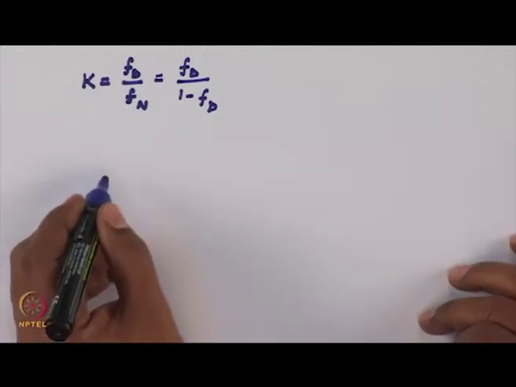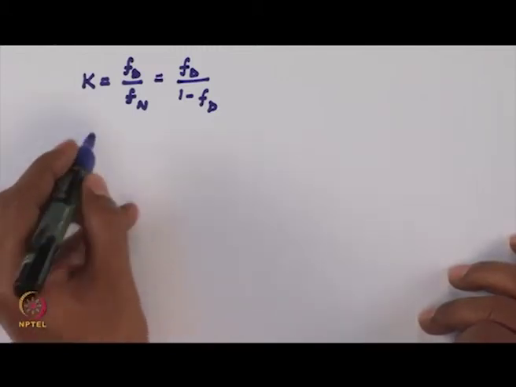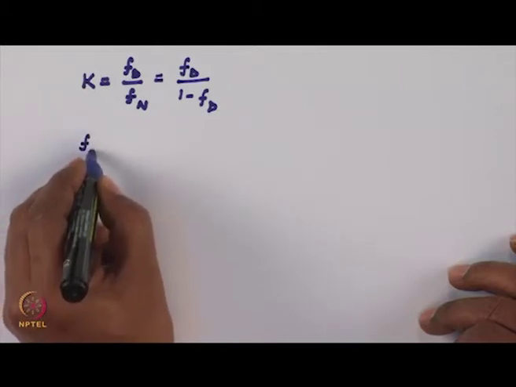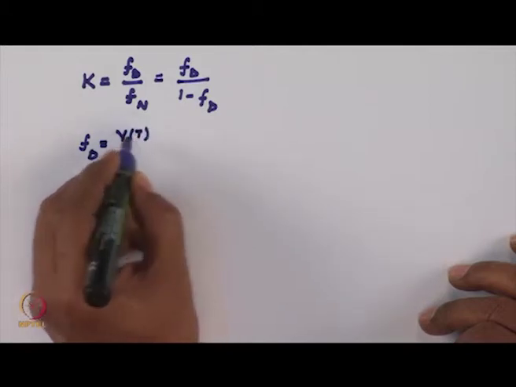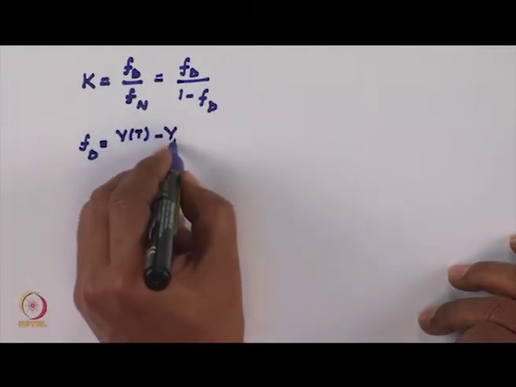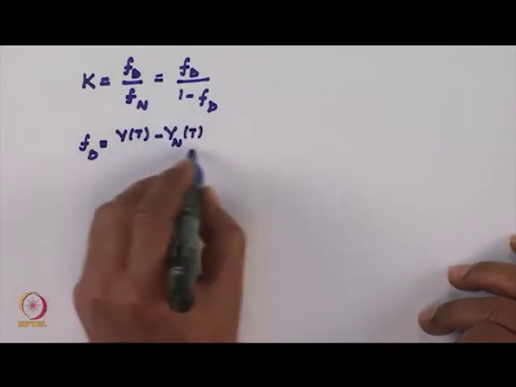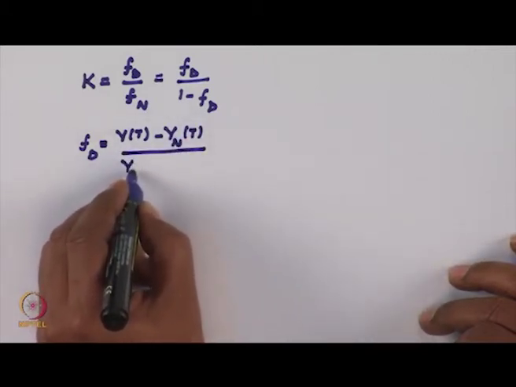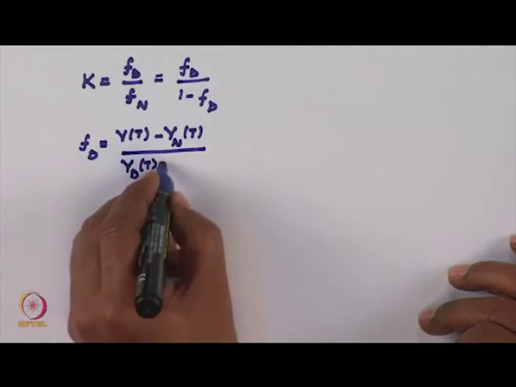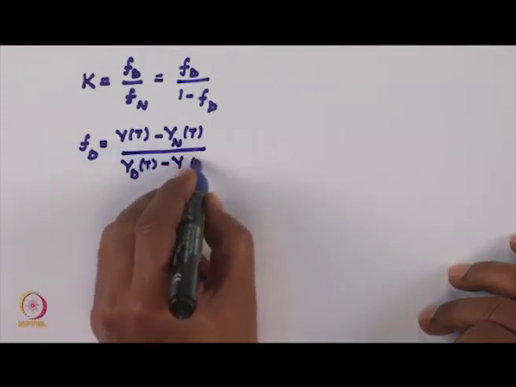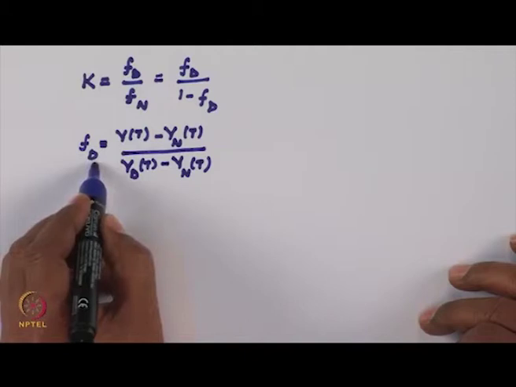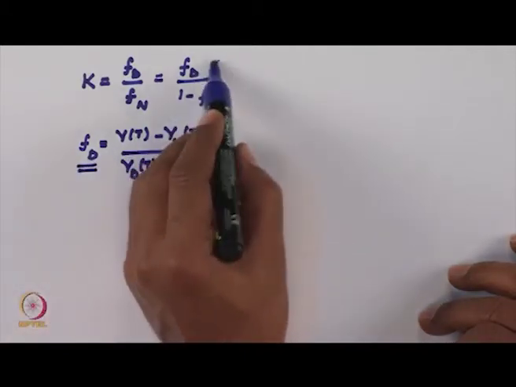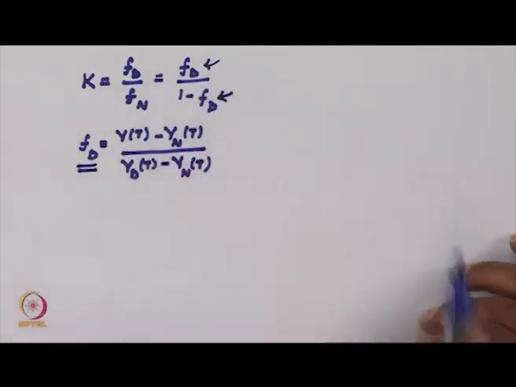And we have just discussed that Fd is equal to Y at T minus Yn at T over Yd at T minus Yn at T. This needs to be substituted over here and over here.